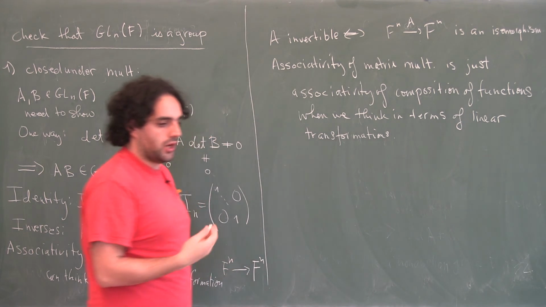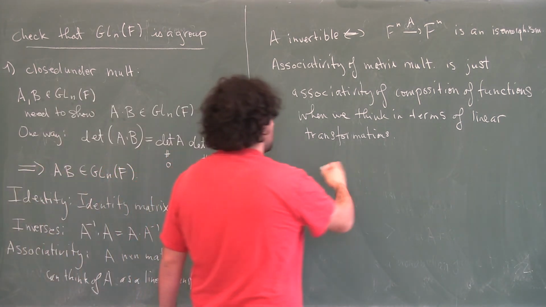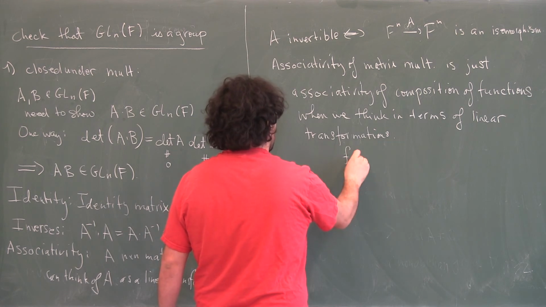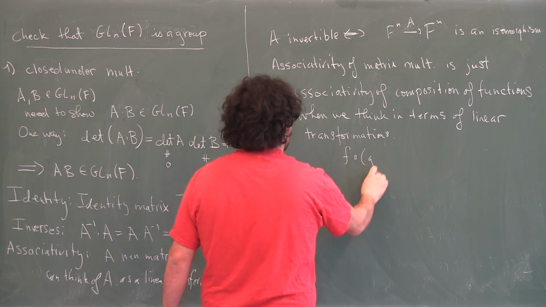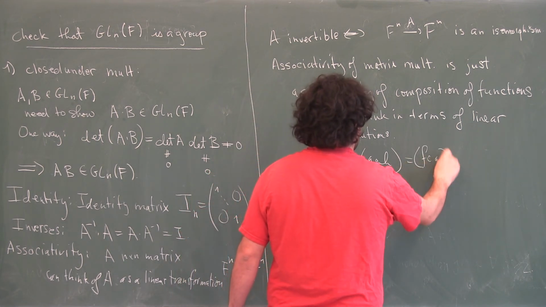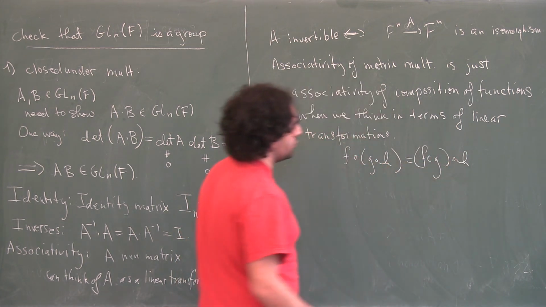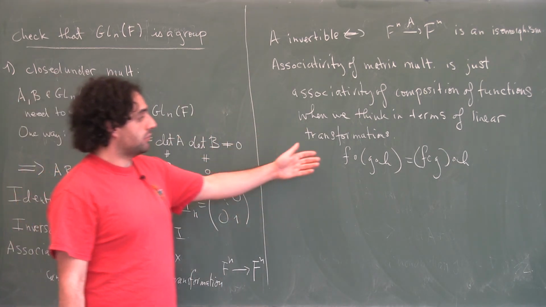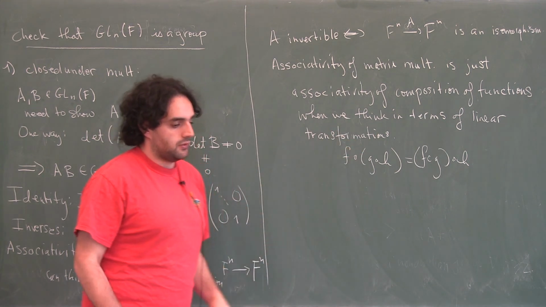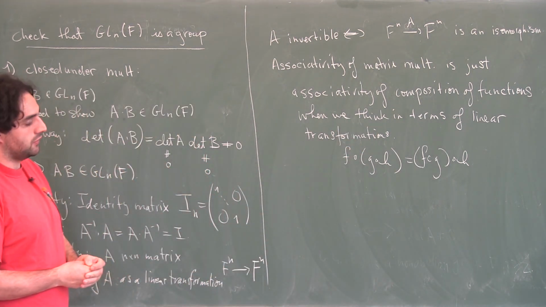So we know that if we have three functions, f, g, and h, it doesn't really matter what their domain or range is, so long as we can compose them. We know that f composed with g composed with h is f composed with g, all of that composed with h. Applying that to the linear transformations associated to three matrices, we see that matrix multiplication is associative.